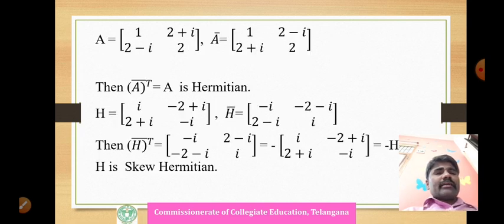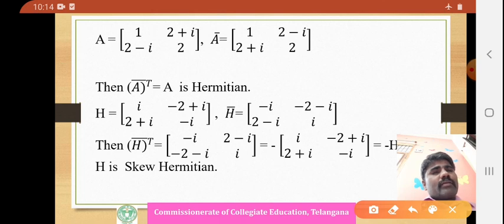Now let us take the Hermitian matrix. An example for the Hermitian matrix. Suppose A equals [1, 2 plus I; 2 minus I, 2]. Now A bar: take the conjugate of all elements in A. 1 bar is 1, 2 minus I bar is 2 plus I, 2 plus I bar is 2 minus I, and 2 bar is 2.